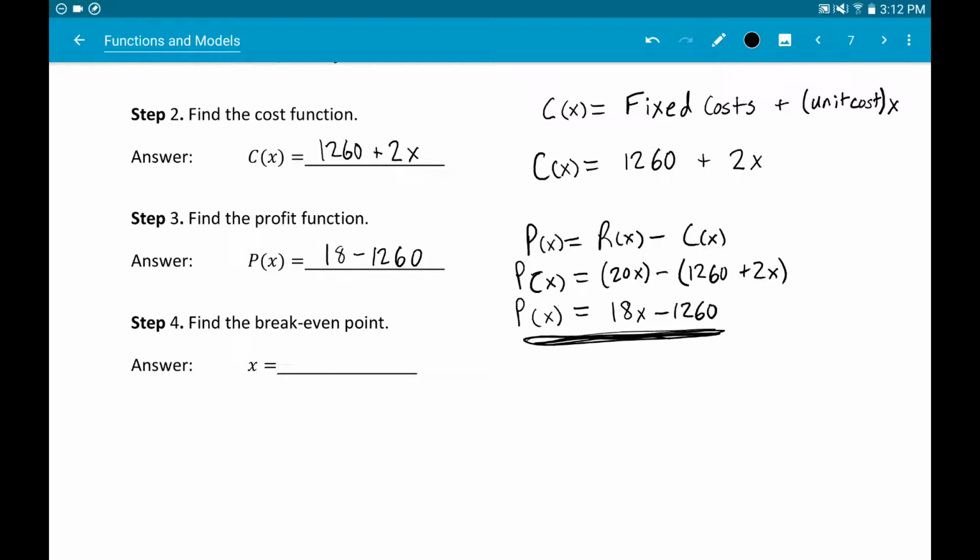In essence, the break-even point is where the profit equals 0. So I could just let the profit equal 0 in that function, and I can solve that for x. That gets me to the same place. So you'll take negative 1260 divided by negative 18, and you get 70.